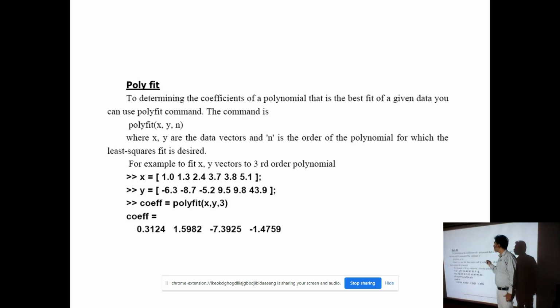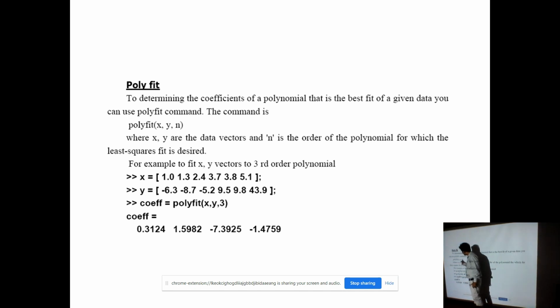Polyfit is for fitting of the polynomial. So polyfit x comma y comma n fits the data of x variables to the y variables for the order n. For example, look at the example. I have given a set of x values in the form of a vector 1, 1.3, 2.4, etc., and then a set of y values.